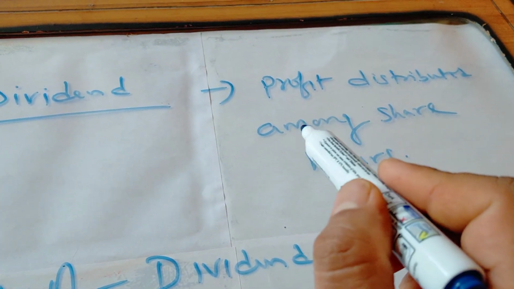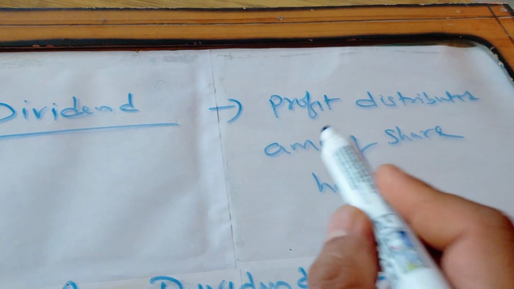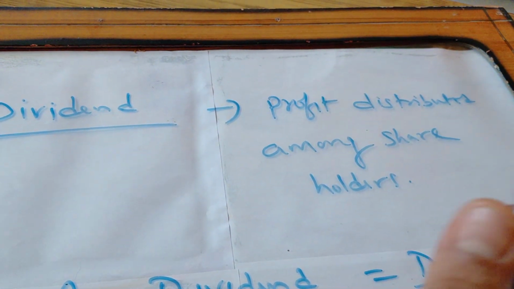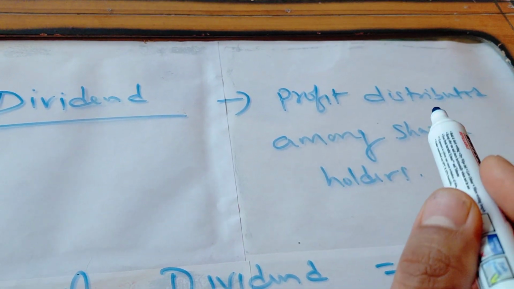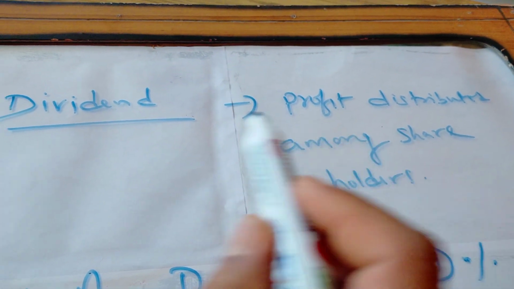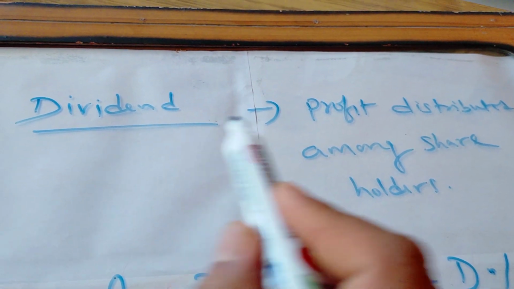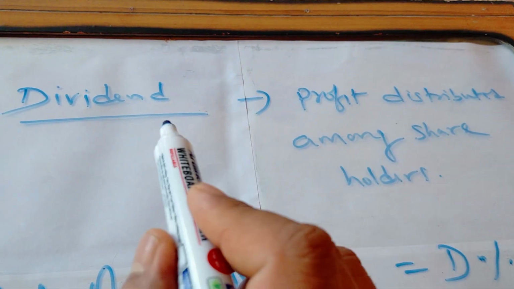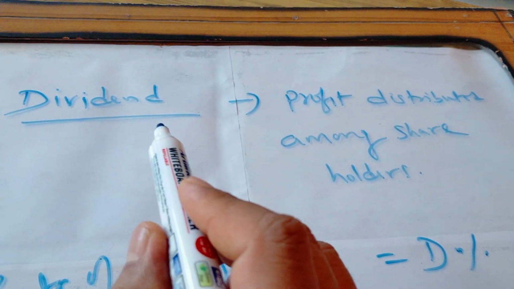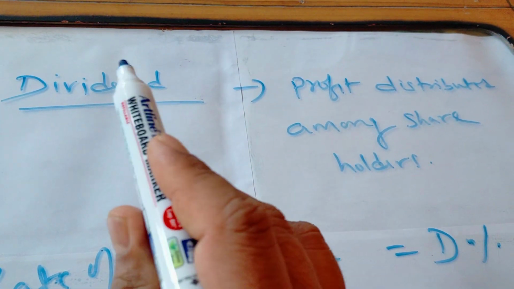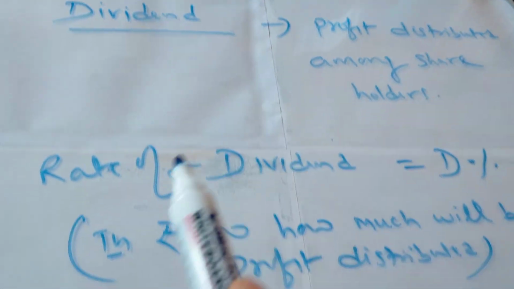If anyone is investing 10%, he will get profit accordingly. If anyone is investing 50%, accordingly he will get the profit. So this dividend is basically a profit, and it is distributed according to face value. It means dividend is related to face value basically.